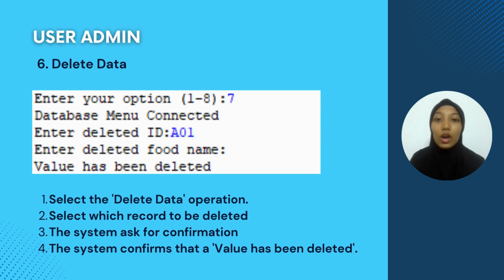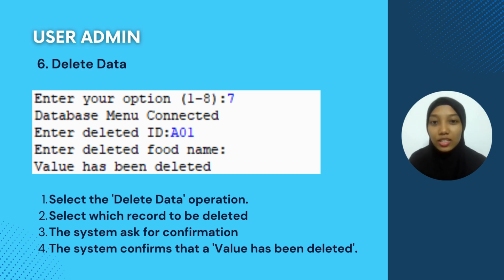The system prompts enter deleted food name, a confirmation step to prevent accidental deletions by asking for the food name associated with the ID. The system could be ensuring the user is deleting the correct record. However, I didn't enter a food name because the system will directly refer to the food ID.